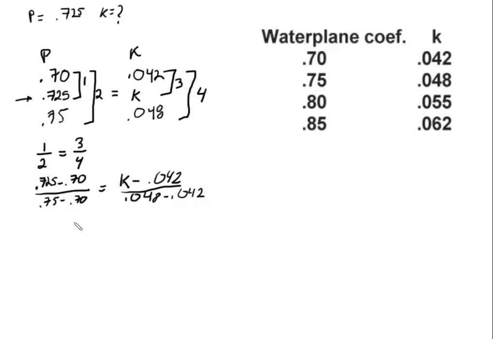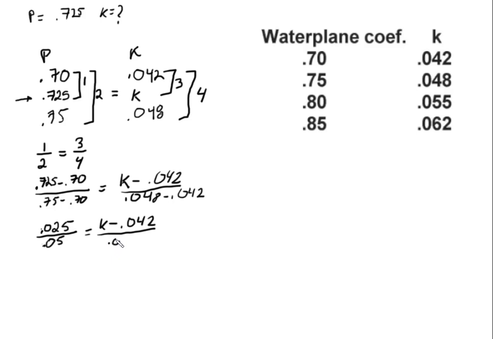Now you can get on your calculator and do the math. The difference between the first two is 0.025, and this is 0.05, equals K minus 0.042 divided by 0.006.